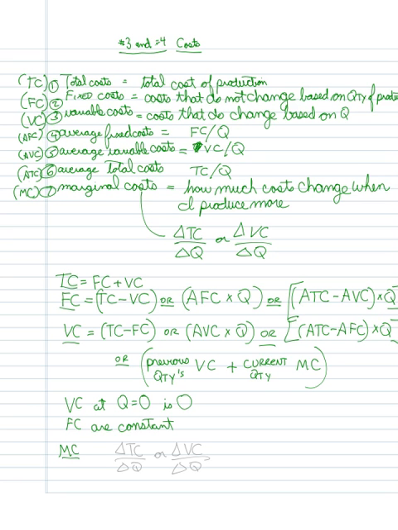Marginal costs are either your change in your total cost over your change in quantity, or it is your change in your variable cost over your change in quantity. And the averages, AFC, AVC, and ATC, that's just doing the math of dividing it by the quantity as it gets larger.